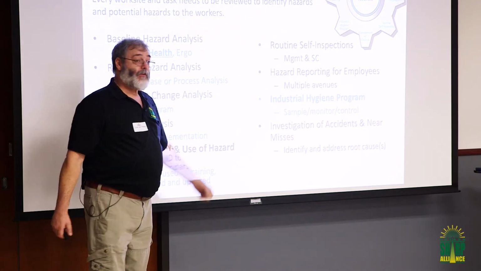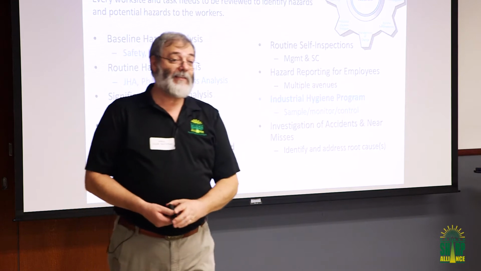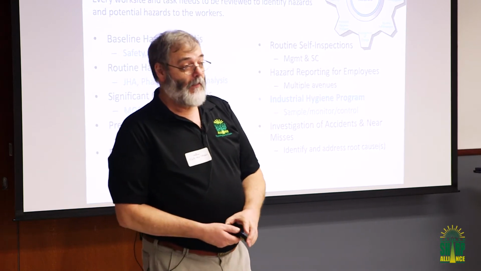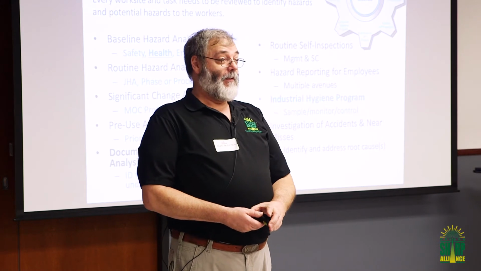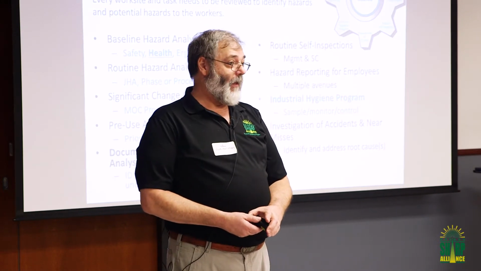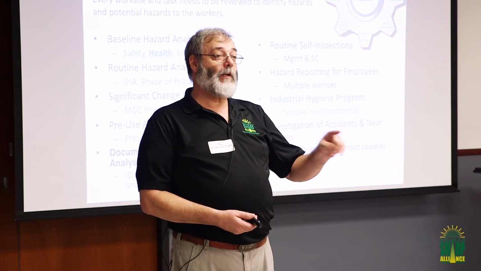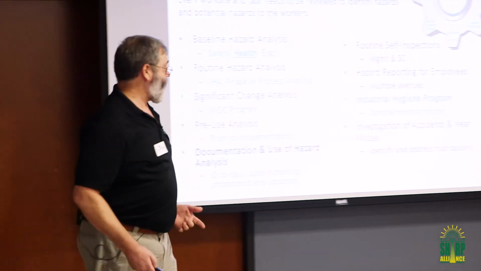Do we need to investigate accidents? Absolutely. Do we need to investigate near misses? Not according to the code. Is it a best practice? Absolutely. The more near misses we investigate, the fewer accidents we're going to have. It's been proven over and over and over again.